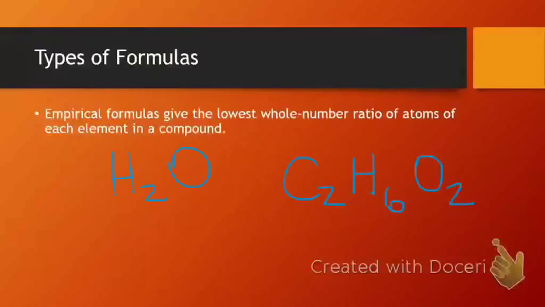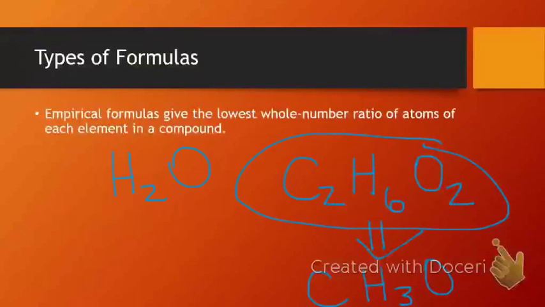So for glucose, the empirical formula would be CH3O, because you can divide all of them by 2. So the C2H6O2, that is the molecular formula. The empirical formula just tells you the lowest ratio, the whole number ratio.